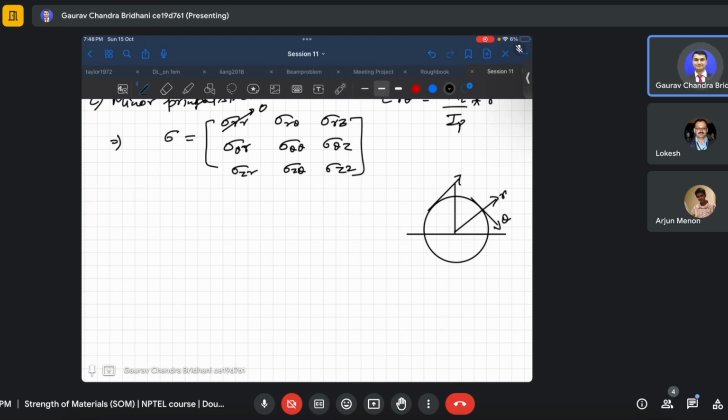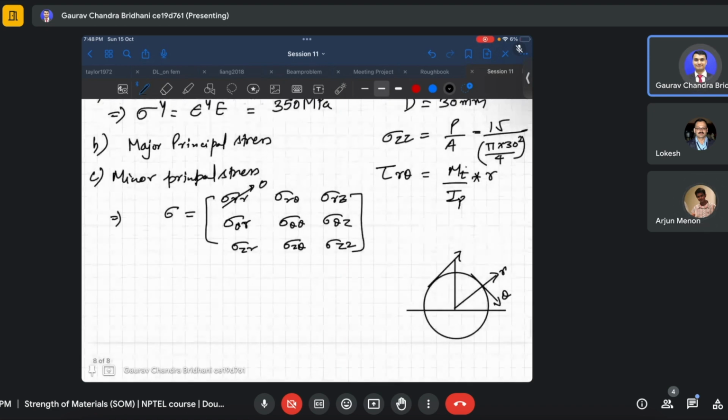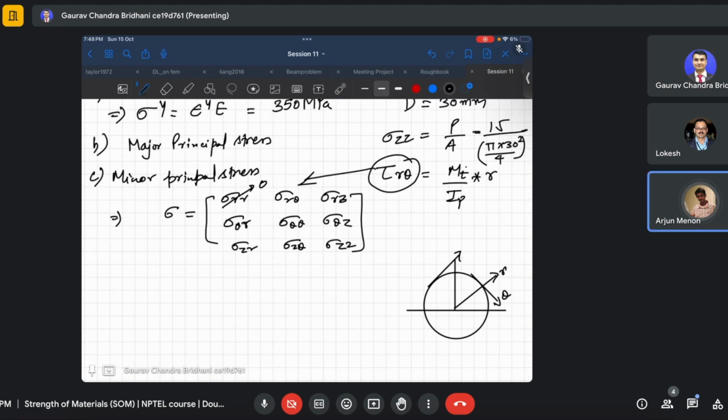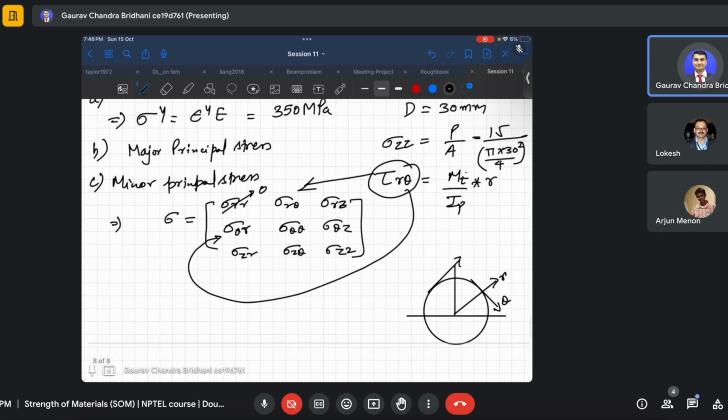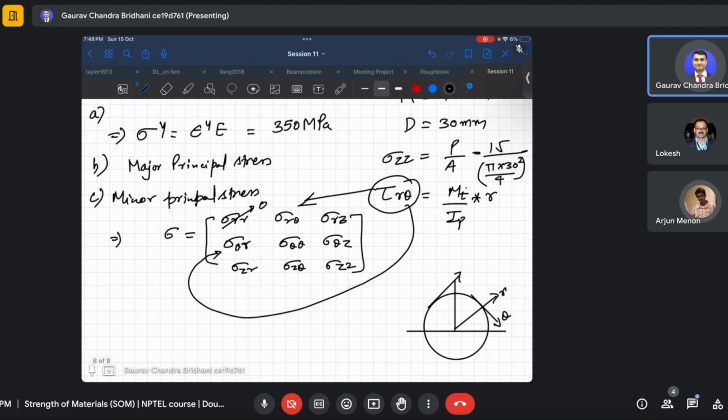This is the r theta plane, no? So obviously this will be r theta shear, not rz. On this plane, it is an r theta plane. So this tau will come here and here. They are the same, because the sigma matrix will be symmetric. We have seen that, correct?